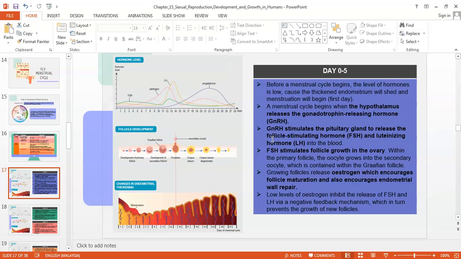And this FSH will stimulate follicle growth in the ovary within the primary follicle. Sebab aku ni ingatlah, blood ni dia sebagai transport system ya. And growing follicle will release estrogen, which encourage follicle maturation and also encourage endometrial wall repair.